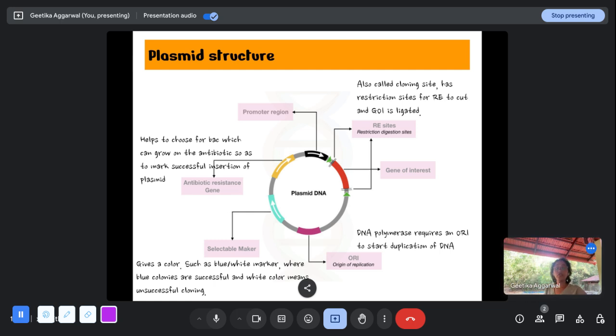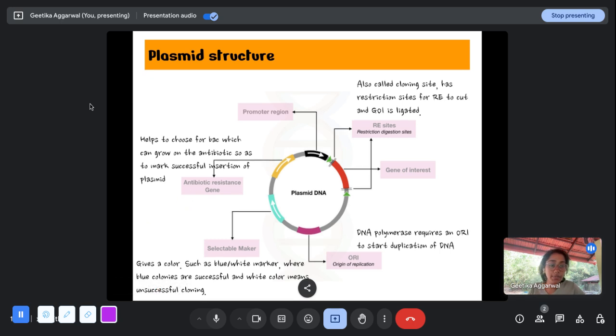As I said, plasmids confer antibiotic resistance. So the same antibiotic you add to the substrate, and when you grow bacteria on the plate, only those bacteria will grow which have successful cloning of the plasmid, which have taken up the plasmid successfully and are expressing it. Only those bacteria in which the plasmid has successfully inserted will be able to grow, because it makes logical sense.